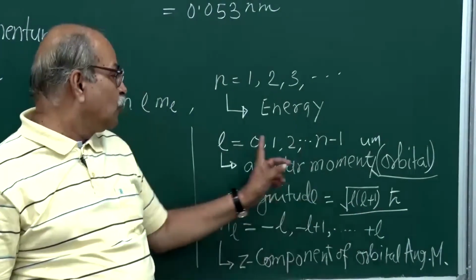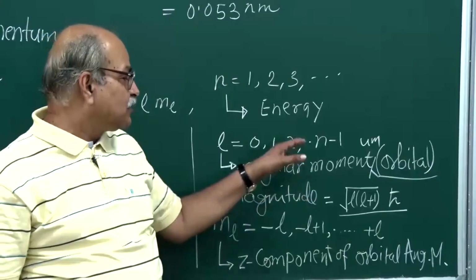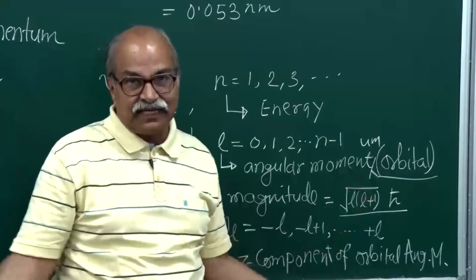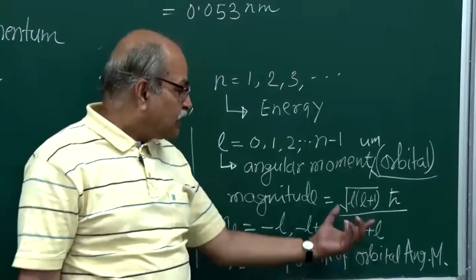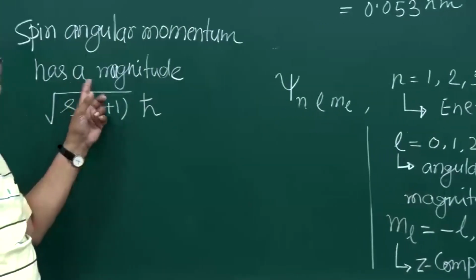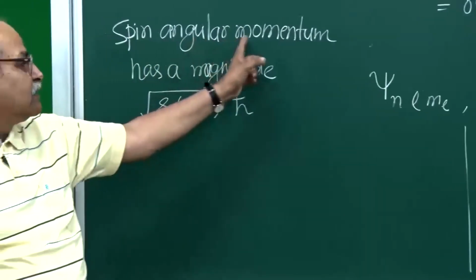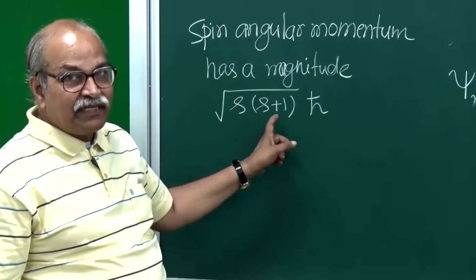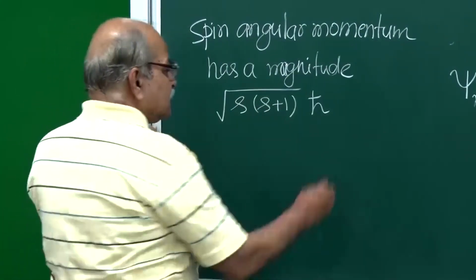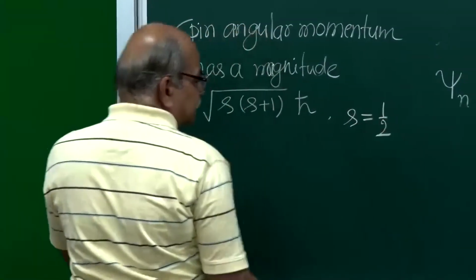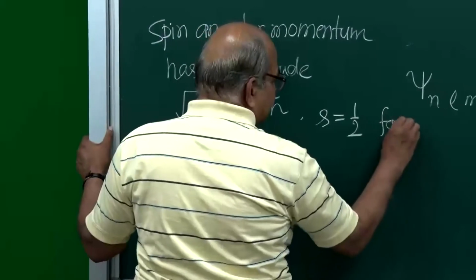It can be 0 or it can be 1, it can be 2 and so on. It can have values depending on different conditions. In the same structure I am writing the magnitude of spin angular momentum, and that magnitude is square root of s into s plus 1 times h cross, and this s has a fixed value. It is half for an electron.